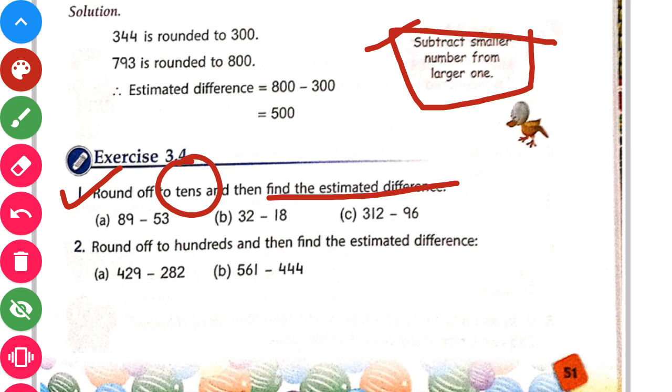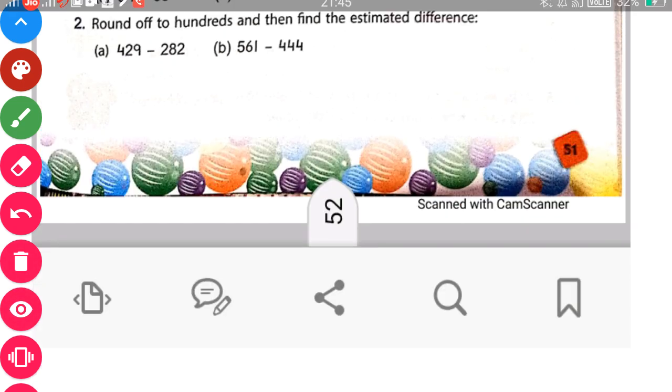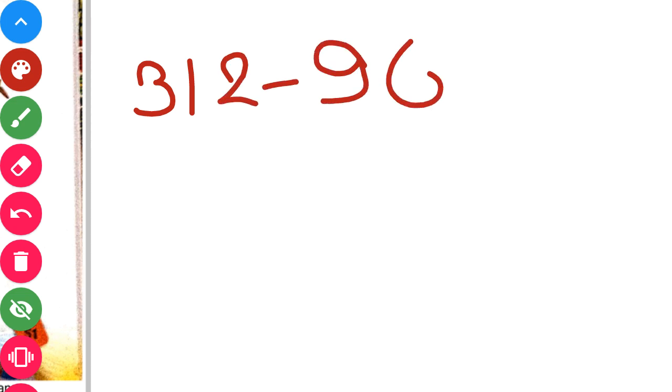So far we have done a worksheet and a few examples. I hope you are able to do this exercise on your own. But still I will explain question C, that is 312 minus 96. So the first number is 312.